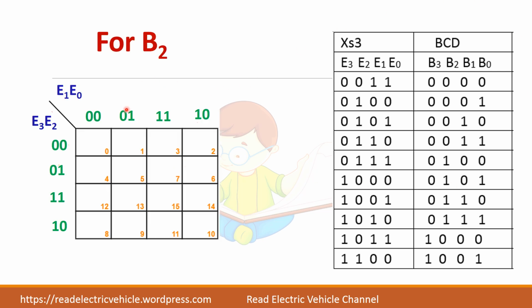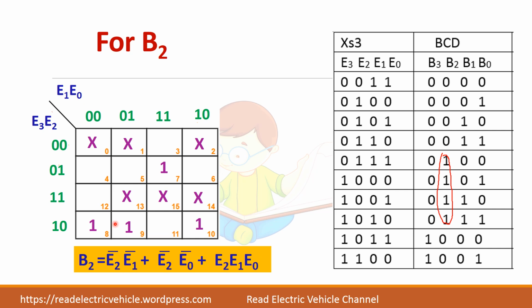Next for B2, same, you mark the don't cares first and ones. How to combine this one? These two ones can be combined with this don't care, then here 1 is there, here don't care is there. So all 4 corners can be combined and this one is again separate, combine this one.